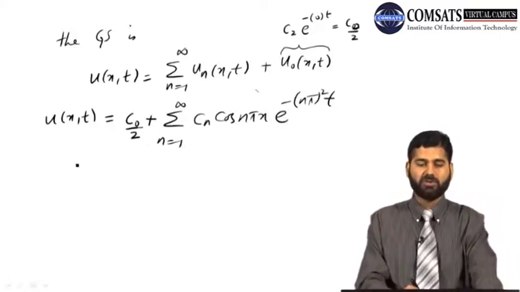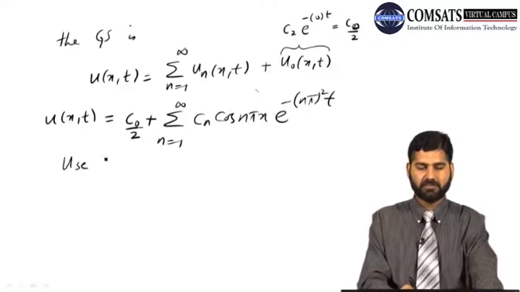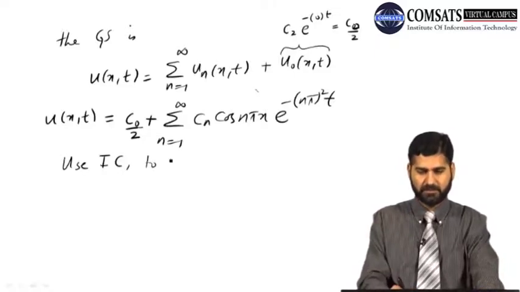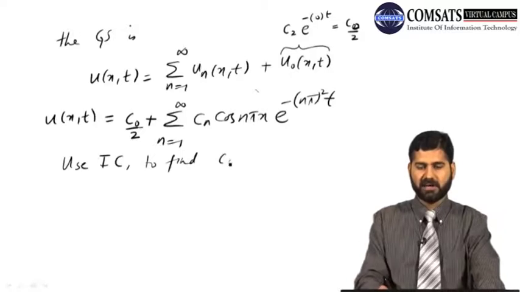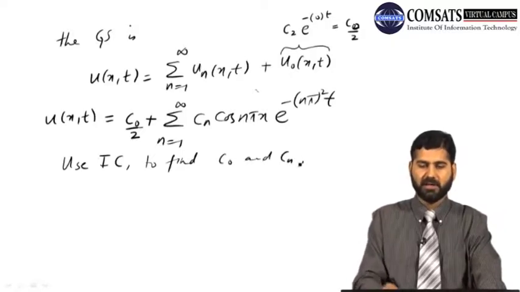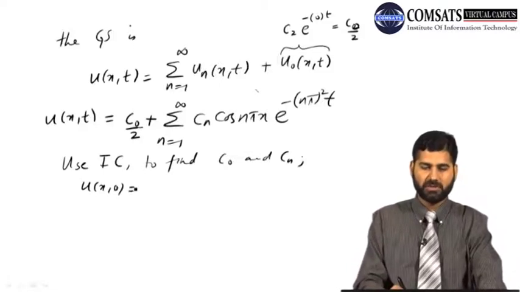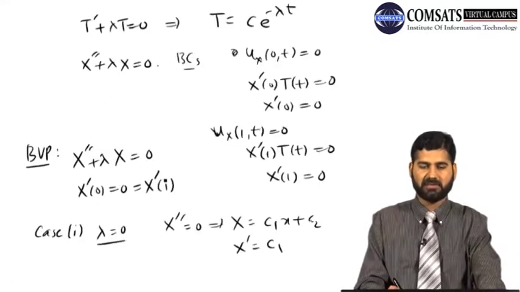All right? So now use the initial condition to find c naught and cn. The initial condition is u(x,0) equal to x square. I guess this was the initial condition. I can go back and see in this example.